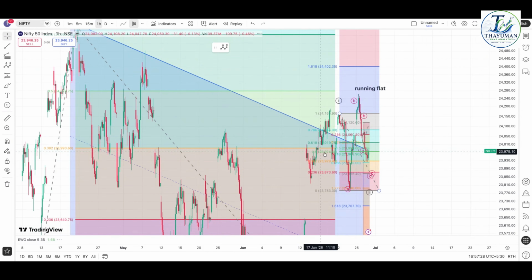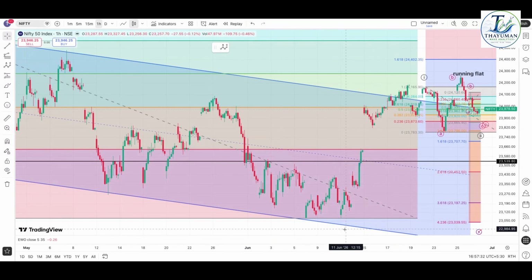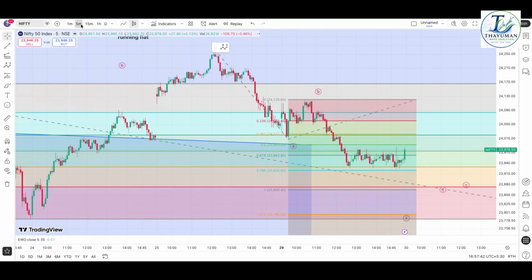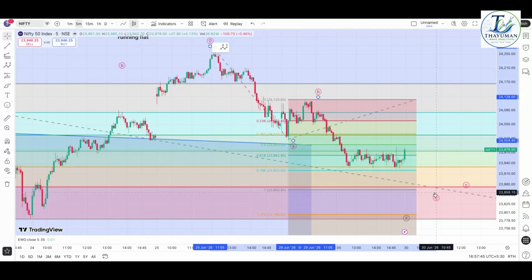If it reaches 1.618, it cannot be a running flat, since we have gone above this. If it reaches below this, then it cannot be a running flat. So in that assumption I think it might come somewhere here, and then we are going up. For that, it may be a gap down. This is my assumption.